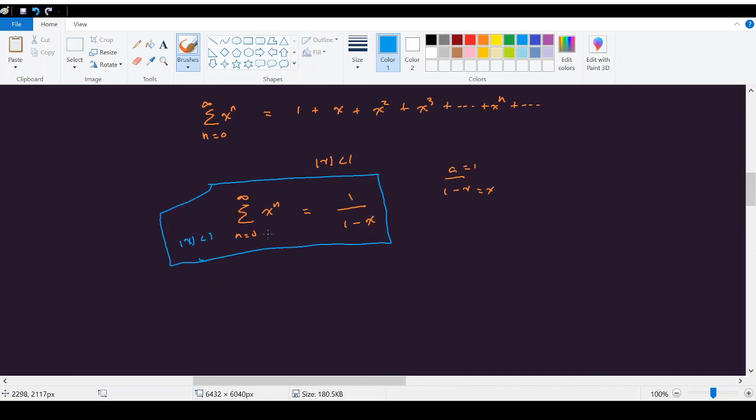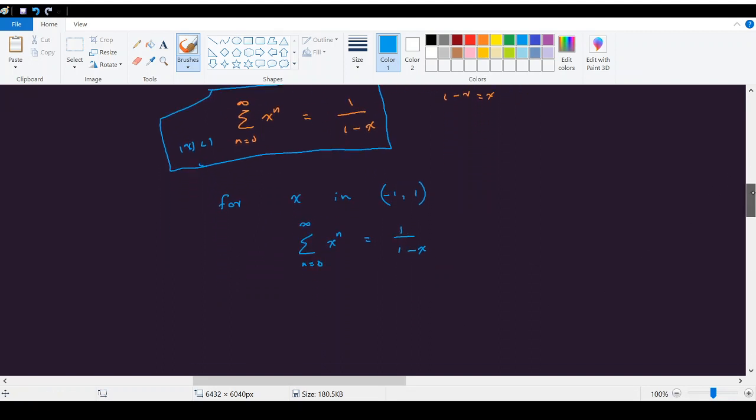What we have proved is, for any x value which has a modulus less than 1, that means for any x in this interval -1 to +1, this is equal to 1/(1 minus x). This is a very nice result, right?